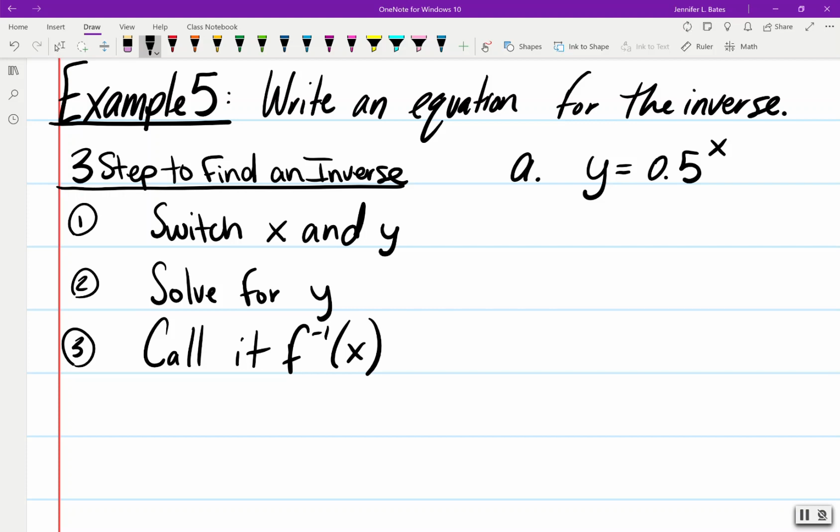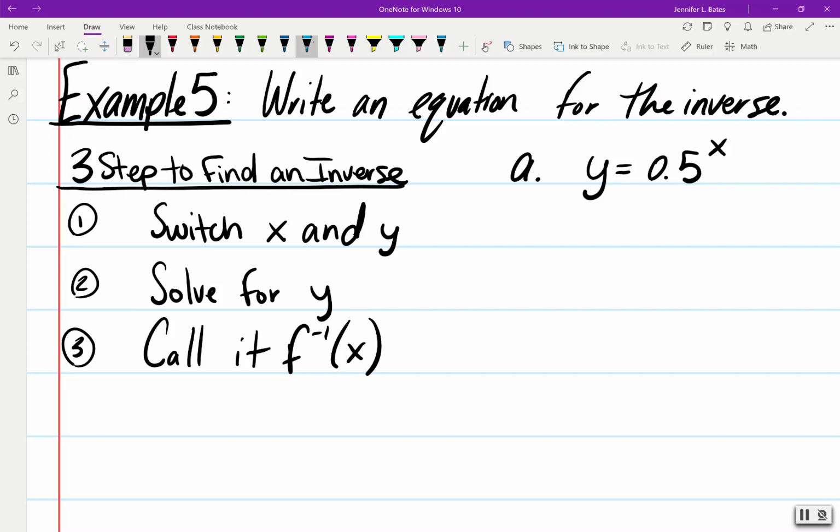Is this a log or an exponential? Give me 1 for log, 2 for exponential. Okay, it's an exponential. It doesn't have log anywhere in there. So I know the inverse of an exponential is a log. So my answer is going to have log in it.